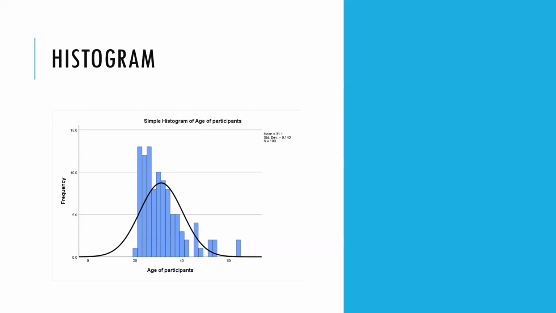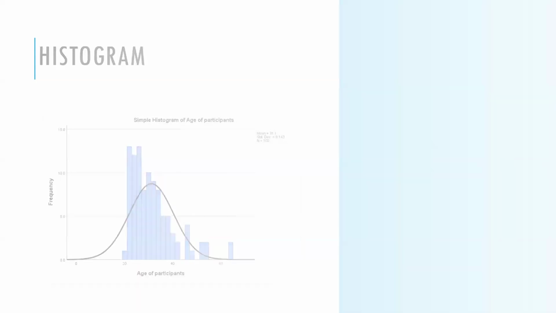You're never going to see a perfectly shaped histogram, but it is important to look for these and to see, maybe you need to be looking at the median instead of the mean, for example, or whether you need to actually move into a non-parametric test because it's too much of a skewed distribution.